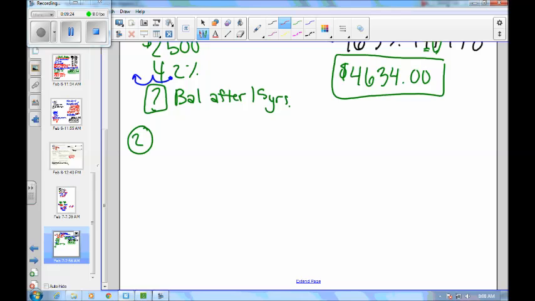You place $1,000 in an account with a continuously compounded interest rate of 3.8%. How much will be in the account after 12 years? Louisa, what's something important? The question, the balance after 12 years, yes.